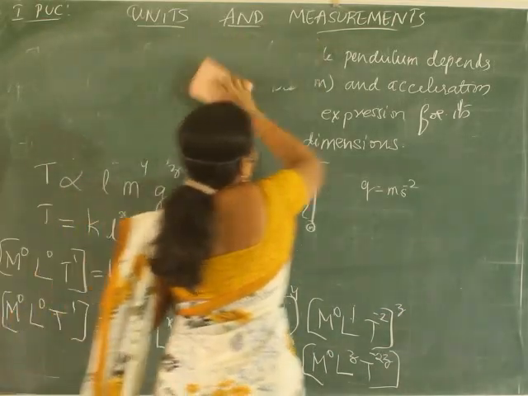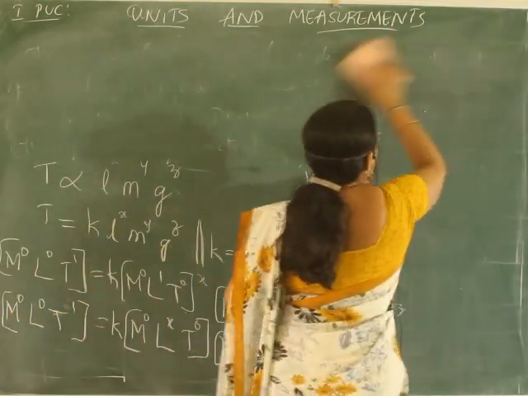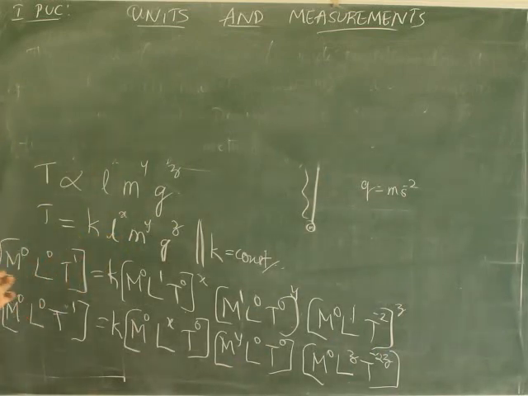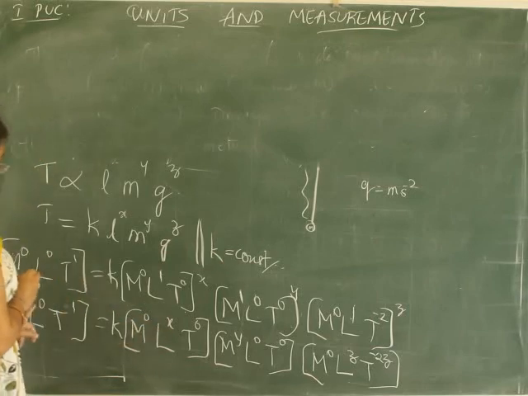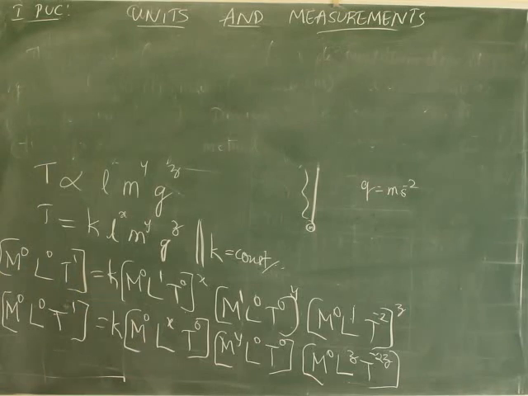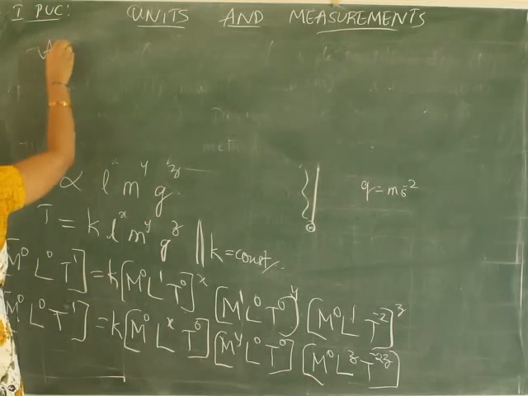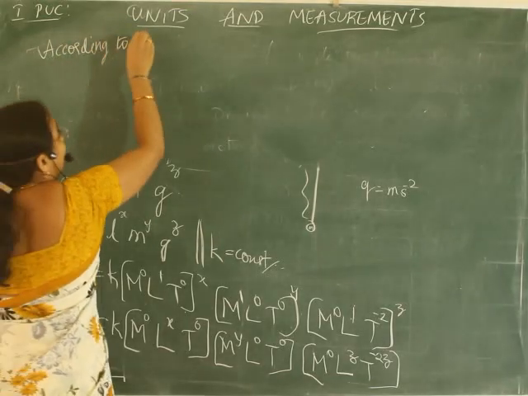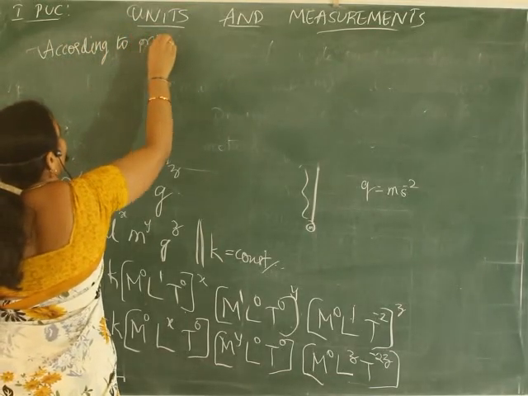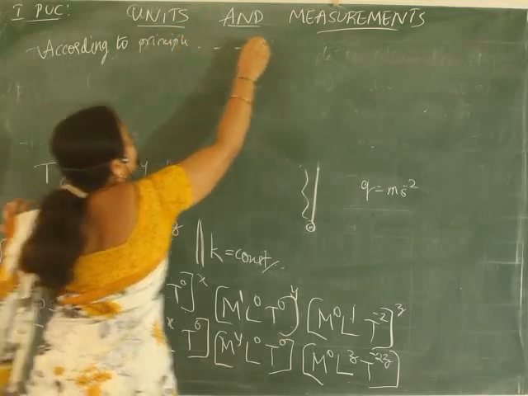Okay, fine. Next. What is the next step? According to the principle of homogeneity, what can I write? I can write X; this should be equal to this one, correct? According to the principle of homogeneity, you have to write this.